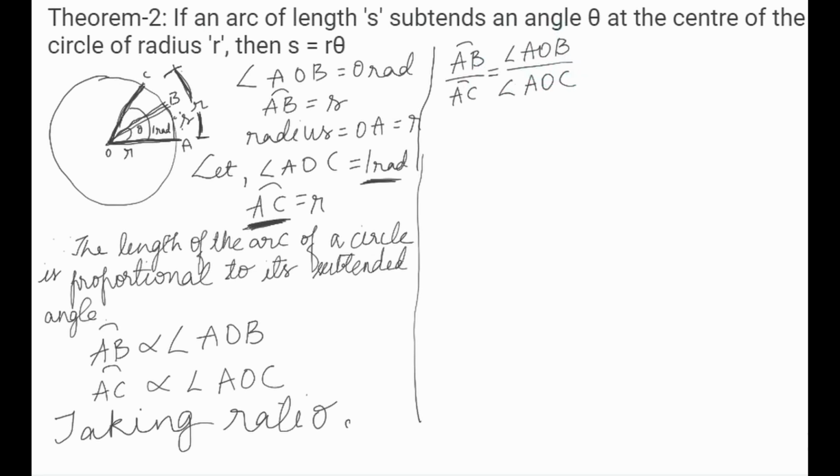So the value of arc AB is s, and the value of arc AC is r, which is equal to angle AOB, which is theta radians, divided by angle AOC, which is 1 radian.